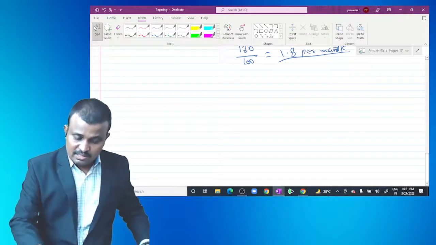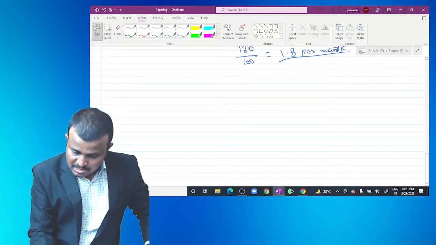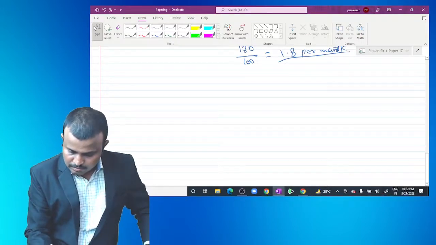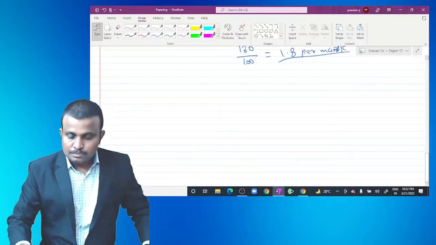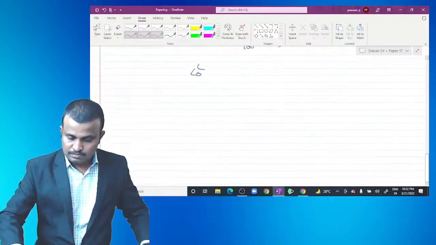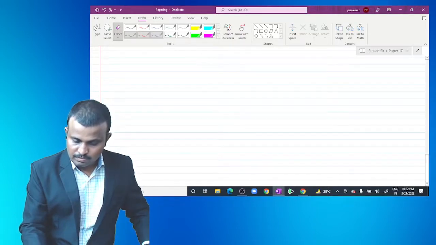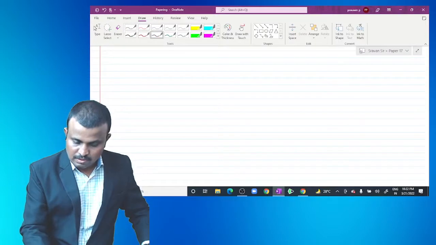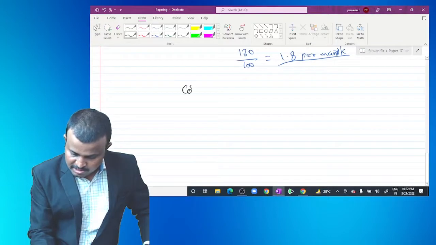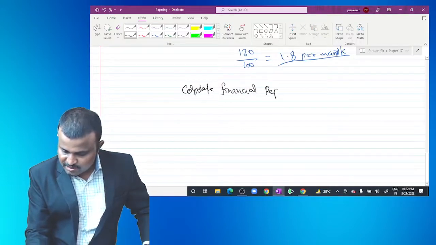And before going further, coming to what is meant by CFR, the paper name is Corporate Financial Reporting.